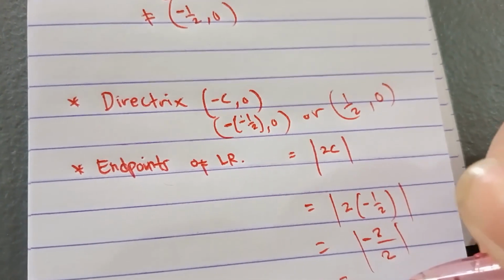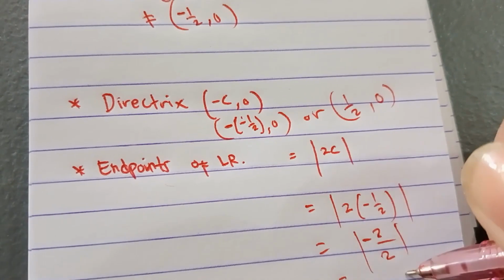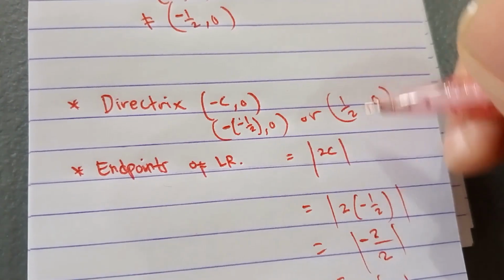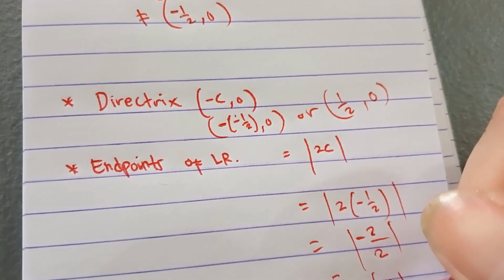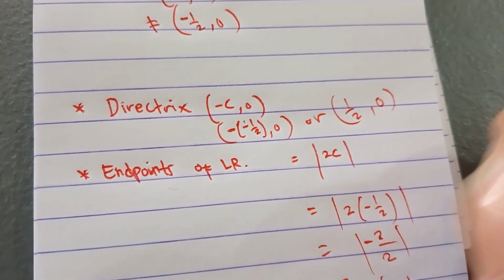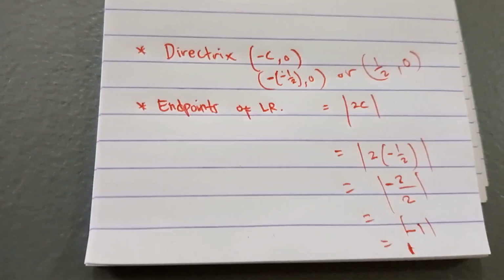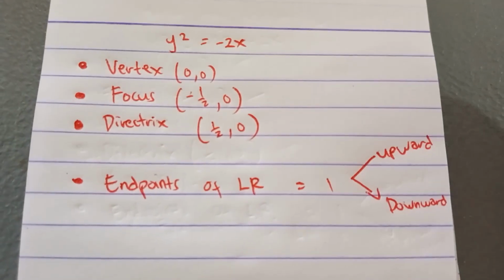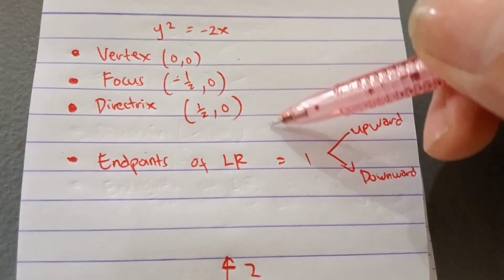As we all know, negative 2 divided by 2 is negative 1. Since we are talking about absolute value, the final answer is always positive. So we have positive 1.